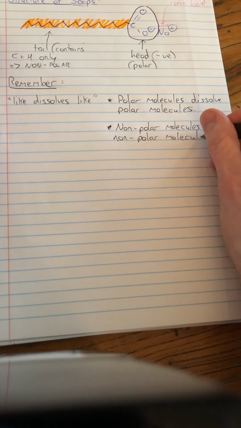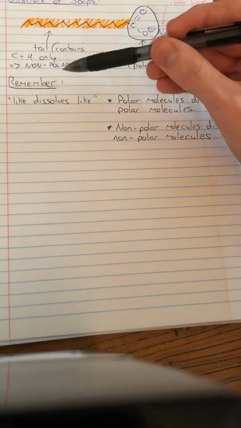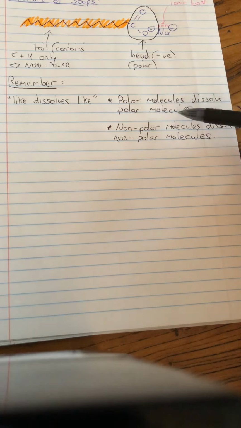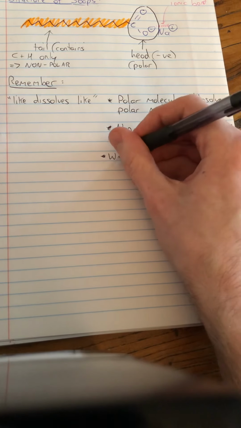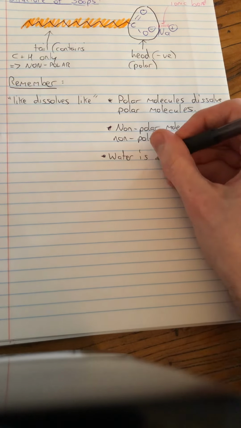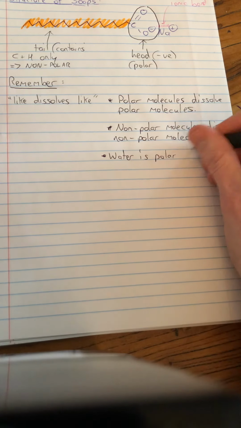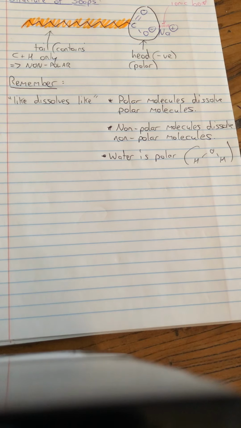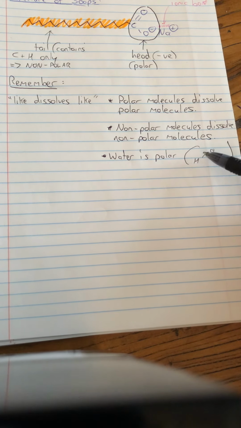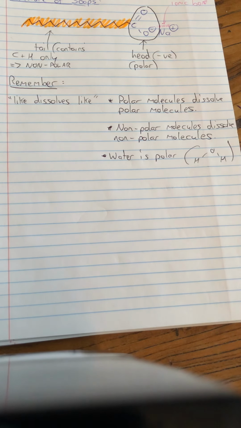That's what we mean when we talk about like dissolves like. But you can't say like dissolves like, you have to say polar molecules dissolve polar molecules. And the third wee note you should know is that water is polar. First of all, it's got an electronegativity difference above 0.5, so it's got polar bonds. It's an angular shape, so it's asymmetrical, so the polarities do not cancel out. That's what makes it a polar molecule.